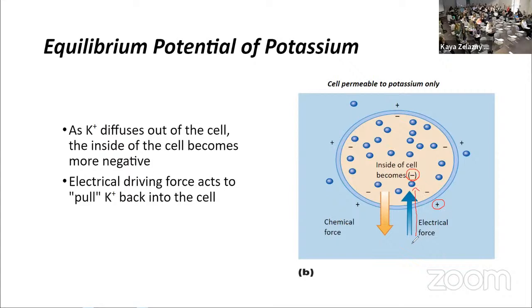So we start to have an EDF, an electrical driving force, move in. But our net movement is still out at this point because the chemical driving force is stronger than the electrical force here. Essentially we're slowing down that escape of potassium as that cell becomes negative.